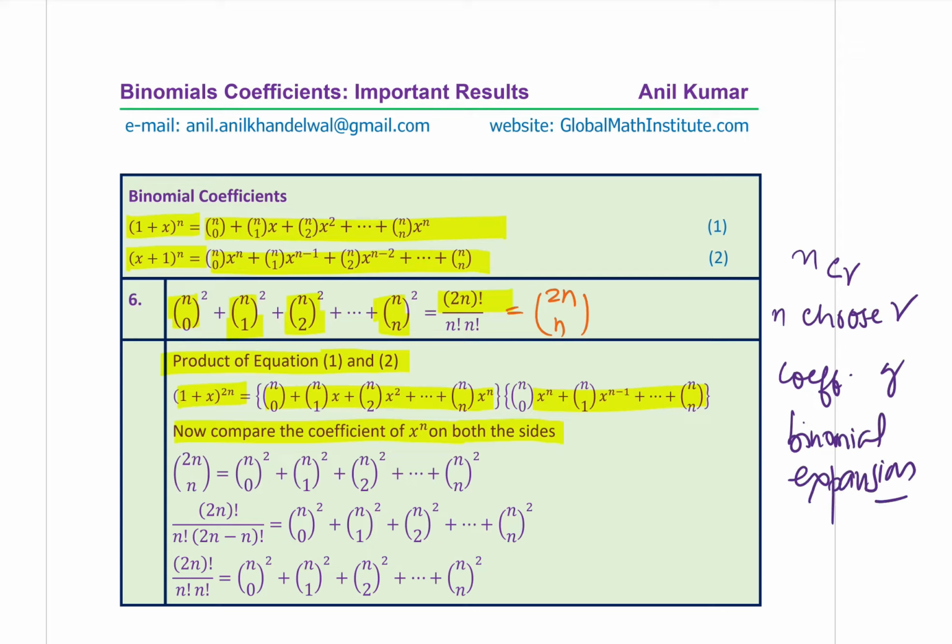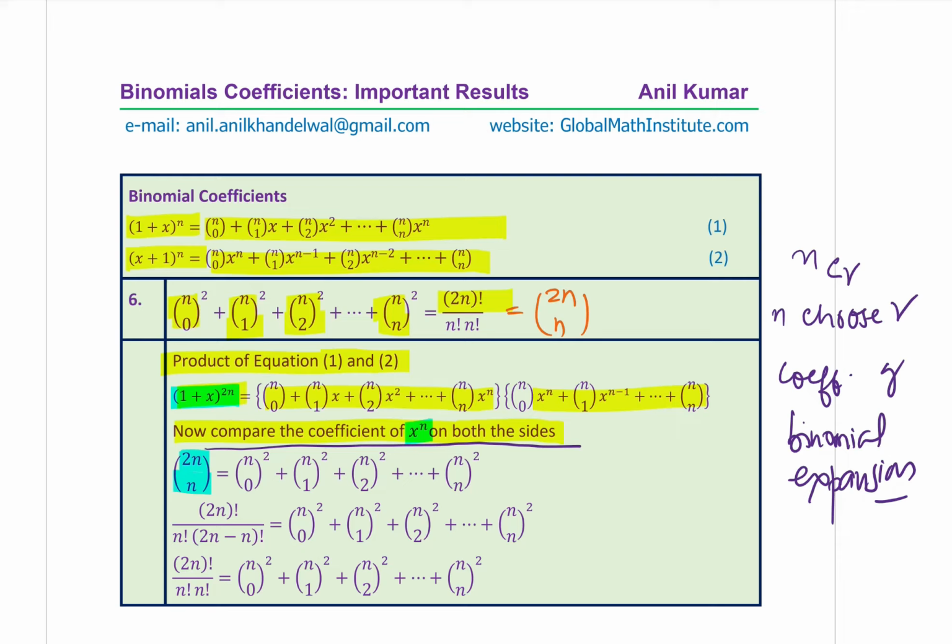Now, in this particular case, what we are going to do is, from the product, compare the coefficients for x to the power of n on both the sides. So, what is the coefficient of x to the power of n for 1 plus x to the power of 2n? It is 2n choose n. Do you see that? So on this side we have 2n choose n. And on the other side, when you multiply these terms, what are the coefficients?